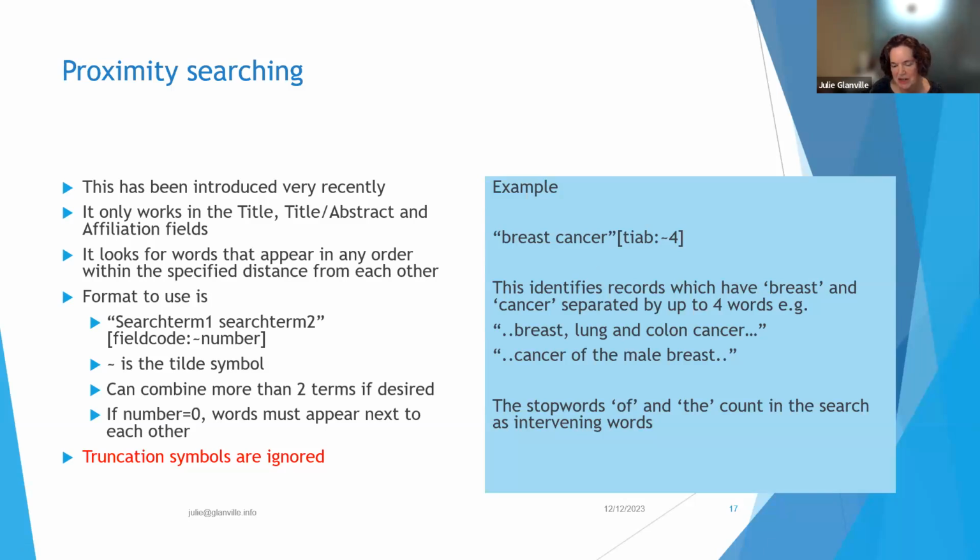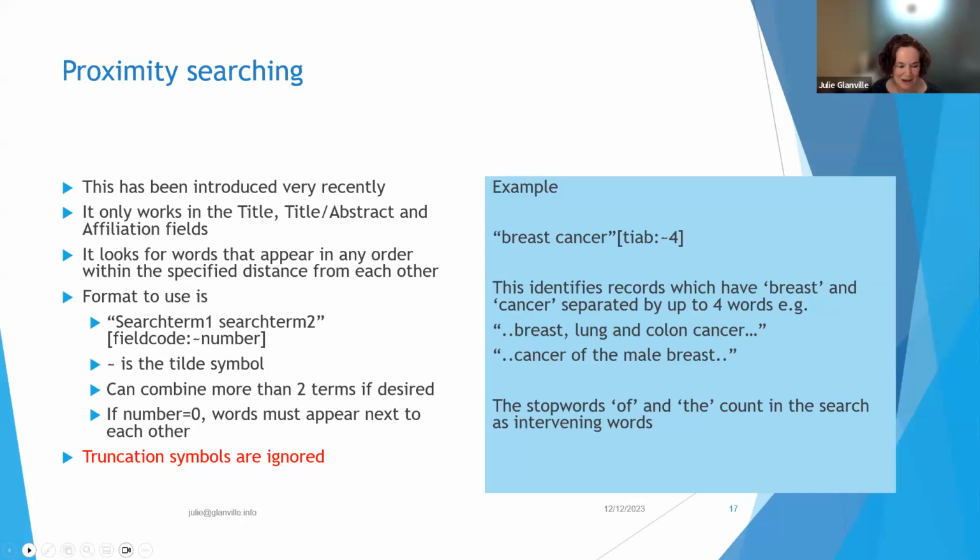So it just depends on where you're placing your emphasis, on sensitivity or precision, and also just what you see in the records. If you see lots of lists of different cancers where your cancer might actually be separated from its location, then phrase searching is going to miss records like this, and you would probably be better off with proximity searching. So proximity searching allows you to look for things that are conceptually related, but might not form a phrase together necessarily. Okay, that makes sense.